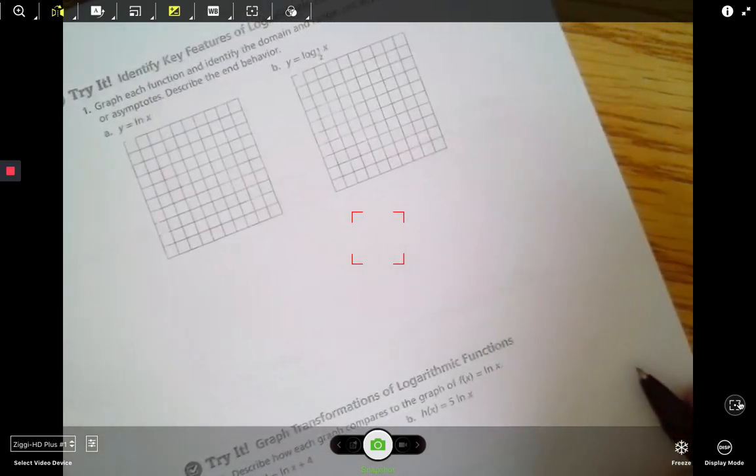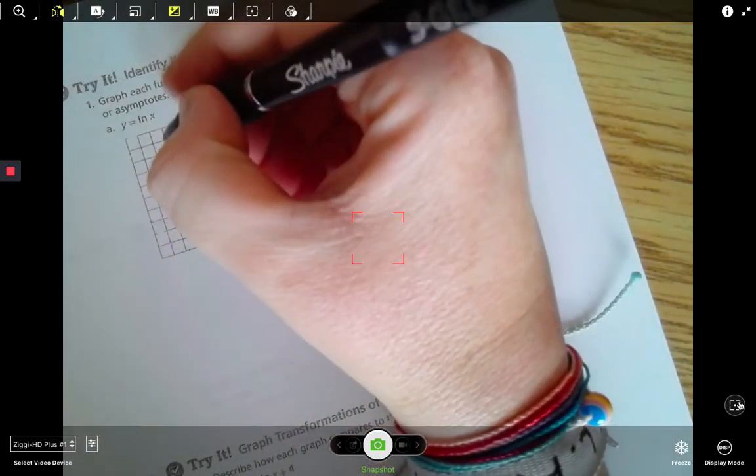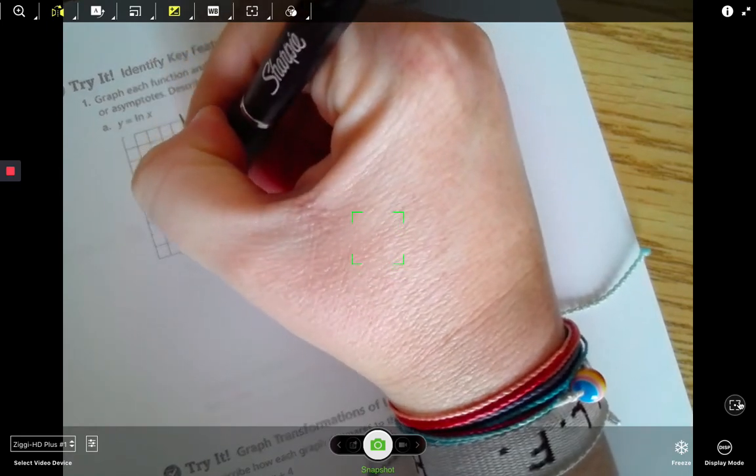All right, graph each function and identify the domain and range. I'm going to go ahead and draw my set of axes.